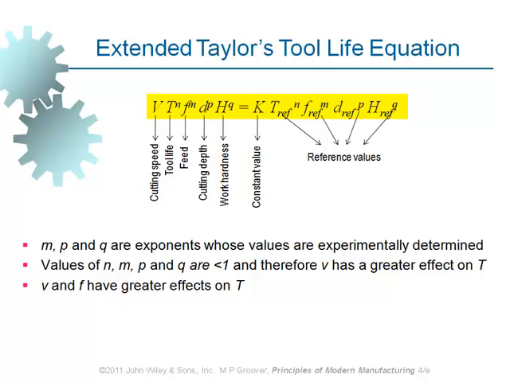The equation of Taylor was introduced in 1906, published in a research paper in the American Journal of Mechanical Engineers, and it's been in use since then, 107 years. Of course, Taylor is not living anymore, but the equation that he has given as a gift to engineers and machinists has been in use since then.